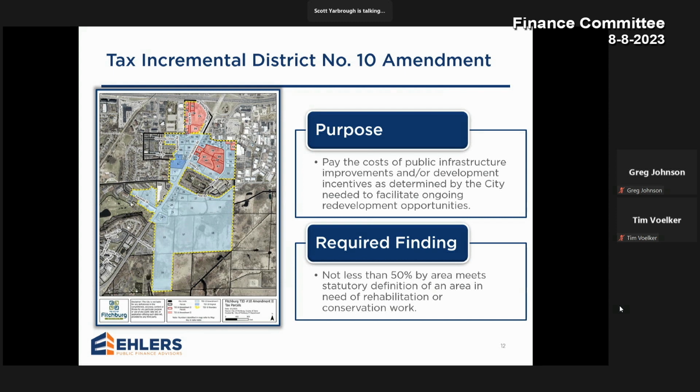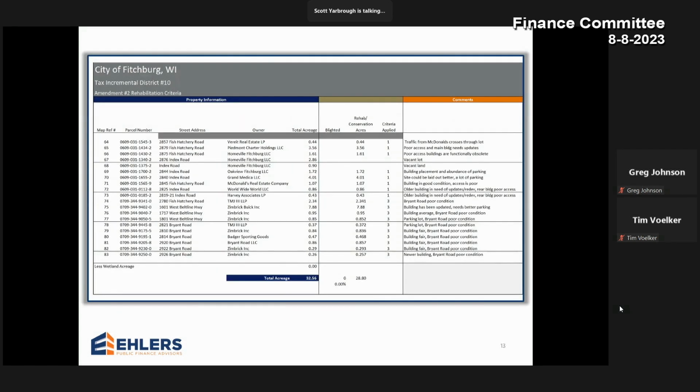As I mentioned, all of these districts are rehabilitation districts, so not less than 50% of the area within the district has to meet the statutory definition of an area in need of rehabilitation or conservation. To that end, for TID district number 10, for just the amended area, we worked with city staff to make findings of which of the parcels being added through this amendment meet that rehabilitation criteria.